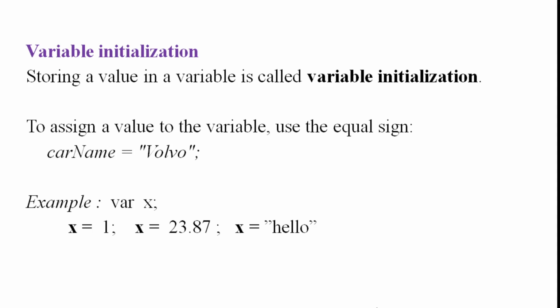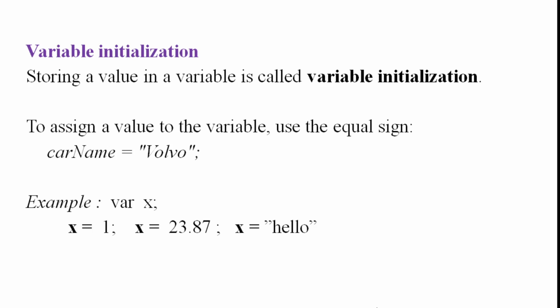Before assigning a value to a variable, we have to declare that variable. Variable x should be declared with the var keyword. Storing a value in a variable is called variable initialization.